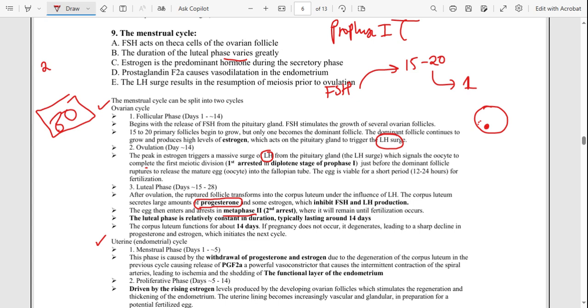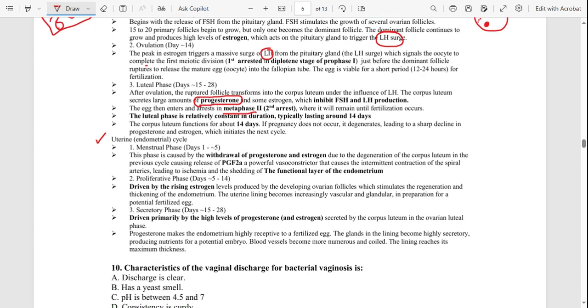So that is what is going to be happening on the ovary. And these events are actually corresponding to what is happening to the uterus. What is happening to the uterus? The first thing, for the first 5 days, is known as the menstrual phase. So you take it back from the previous month.